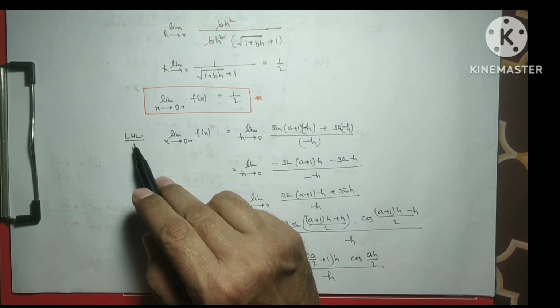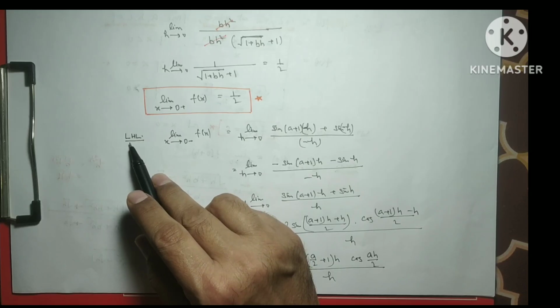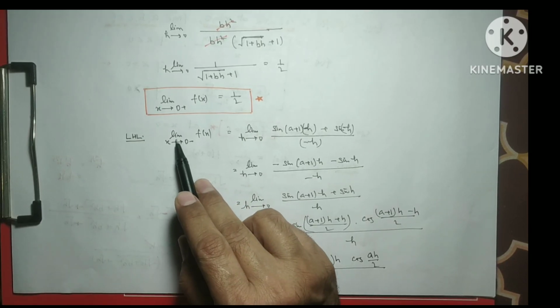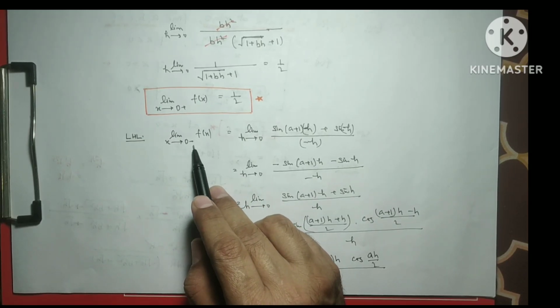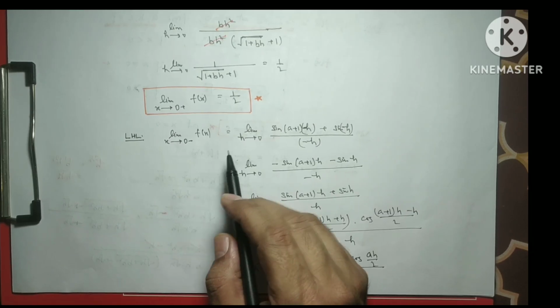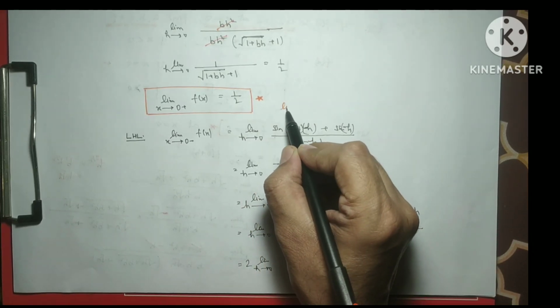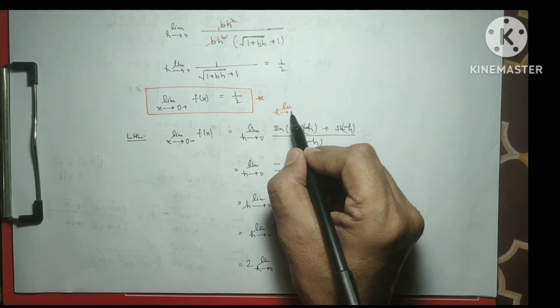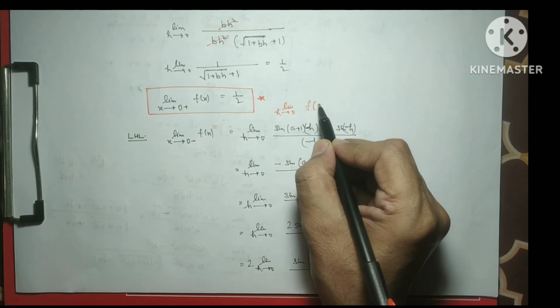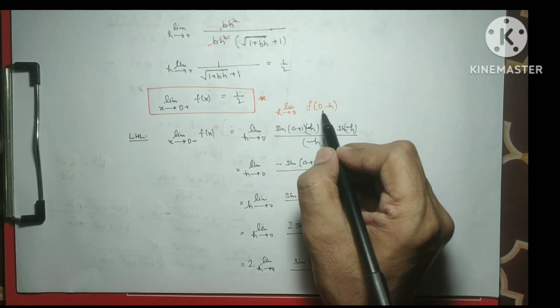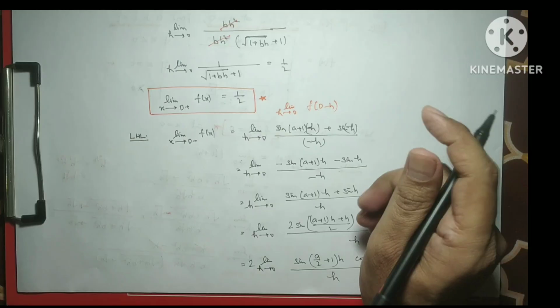Right now we will find the left hand limit. So it is limit x tends to 0 minus of the function. That means limit h tends to 0, f of 0 minus h. So we will place x as minus h.